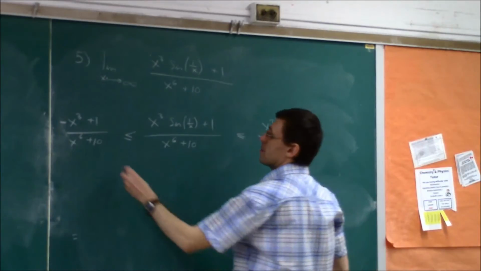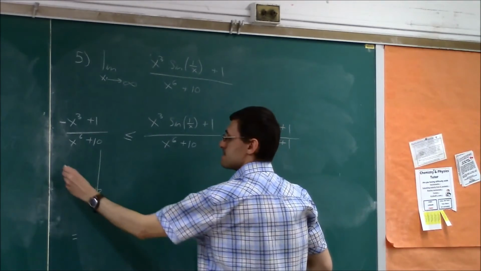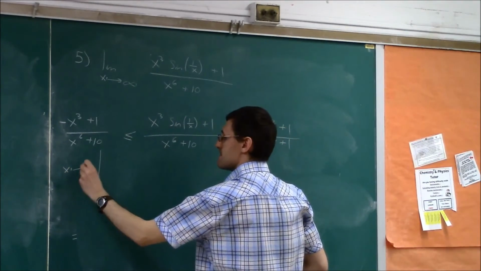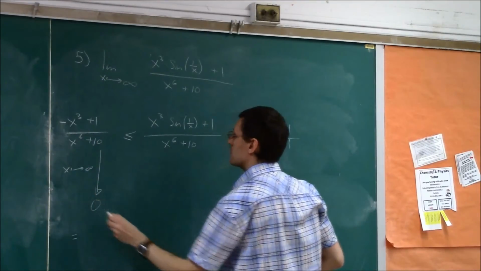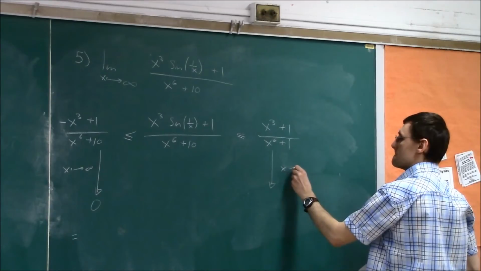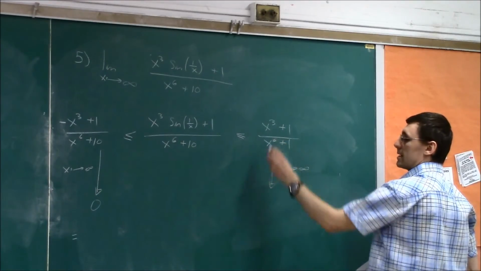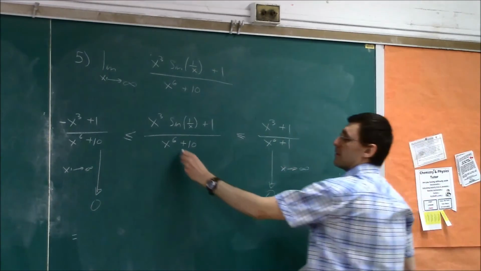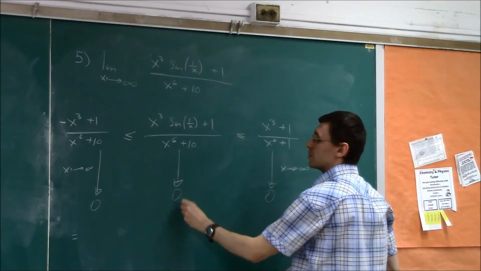Now, as x goes to infinity, this guy approaches 0. This guy also approaches 0, forcing the middle guy to go to 0.